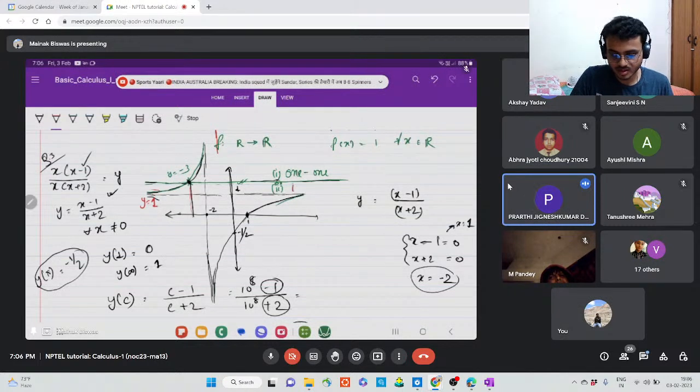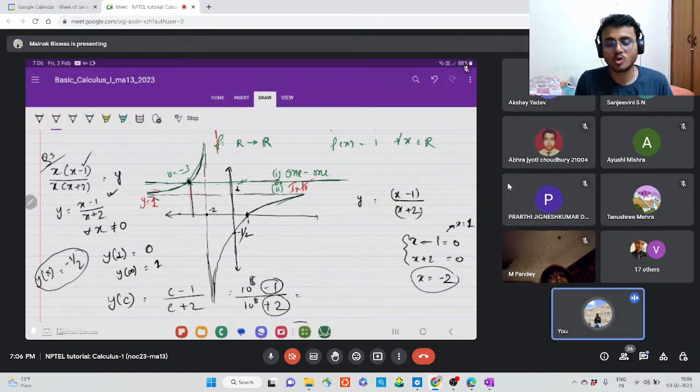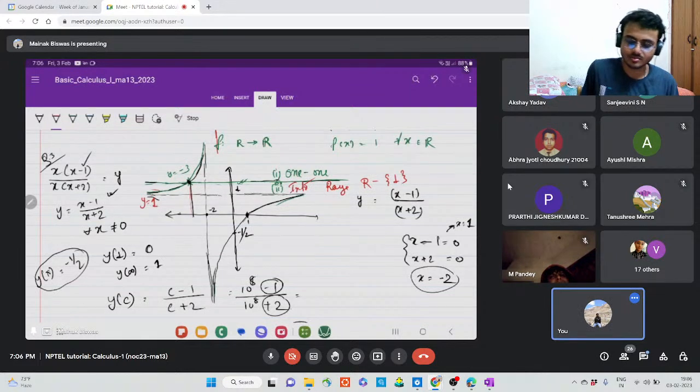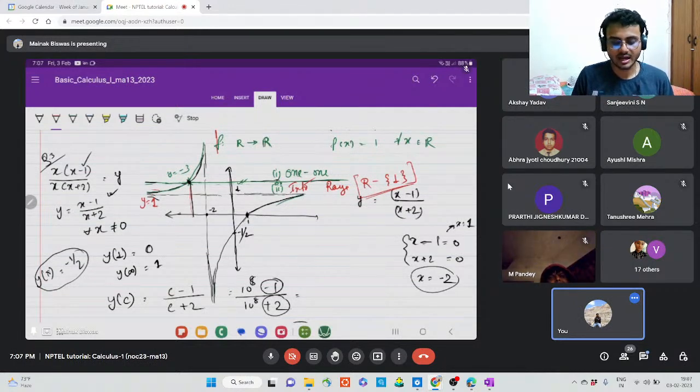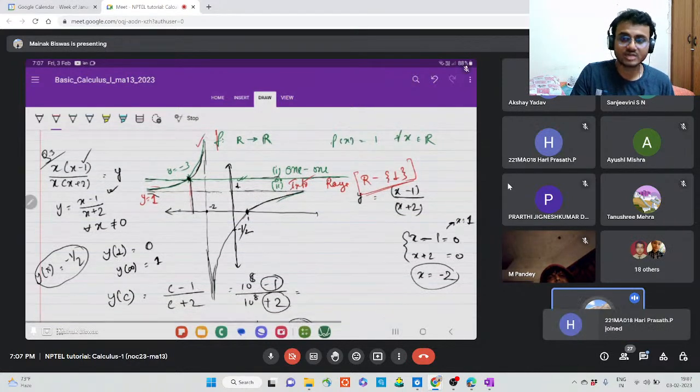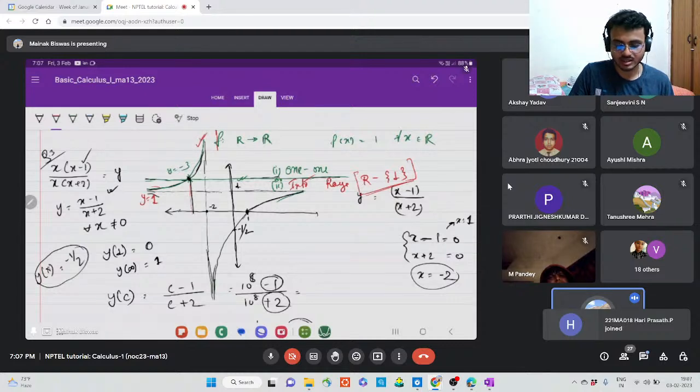Very good. So the codomain is R, and the range is R minus 1, right? 1 would never be reached. And you have all numbers other than that, positive infinity and negative infinity.